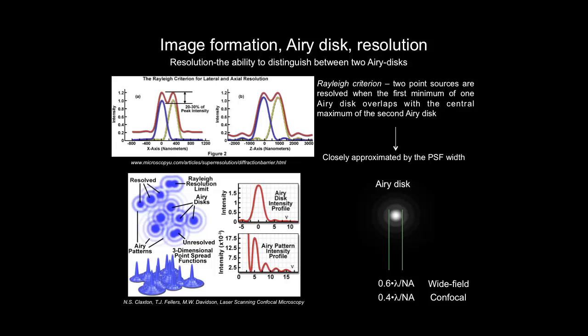We usually image very tiny objects like small beads, under-resolved beads, some nanometer size, and we measure the full width at half maximum of the intensity distribution formed by those small objects, and that provides us with the information about the resolution, which is the diameter of these Airy disks, the size of the point spread function. So now that answers your question.